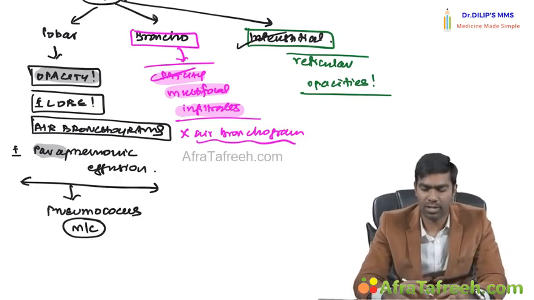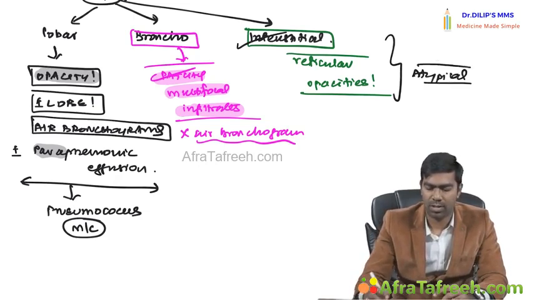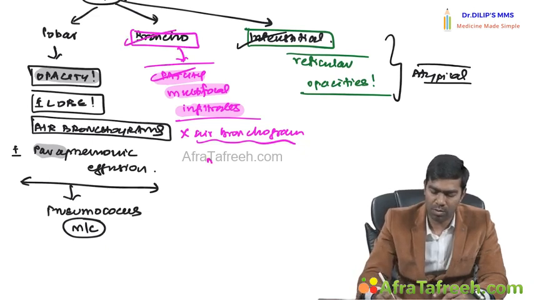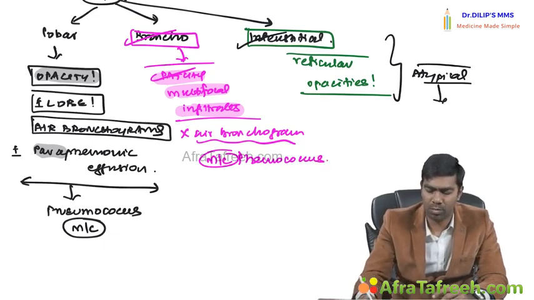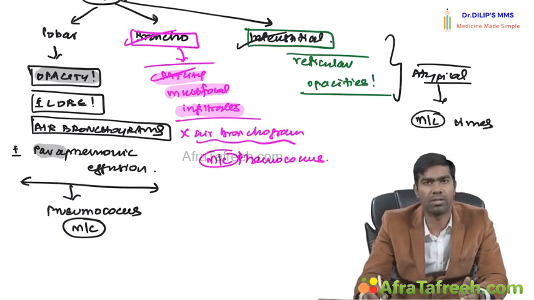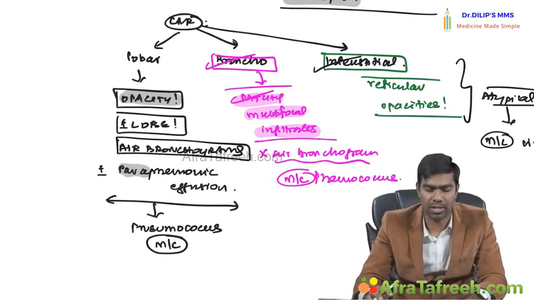This is typical of interstitial pneumonia, and very commonly will be seen in atypical organisms. Remember, even for a bronchopneumonia, the most common cause must be pneumococcus only because it comes under typical pneumonia. For atypical, the most common identifiable cause will be viruses. If they ask you for a bacterial cause, then it will be mycoplasma. So these are the different X-ray imaging findings in CAP.